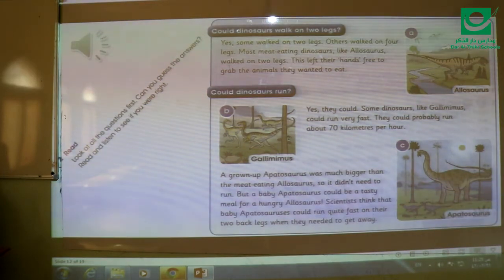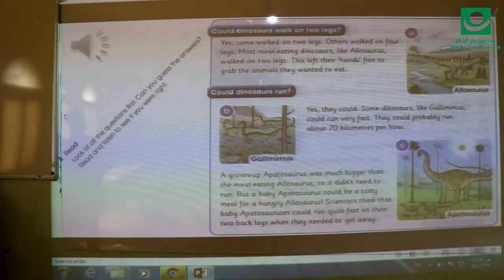They could probably run about 70 kilometers per hour. A grown-up Apatosaurus was much bigger than the meat-eating Allosaurus, so it didn't need to run. But a baby Apatosaurus could be a tasty meal for a hungry Allosaurus. Scientists think that baby Apatosauruses could run quite fast on their 2 back legs when they needed to get away.